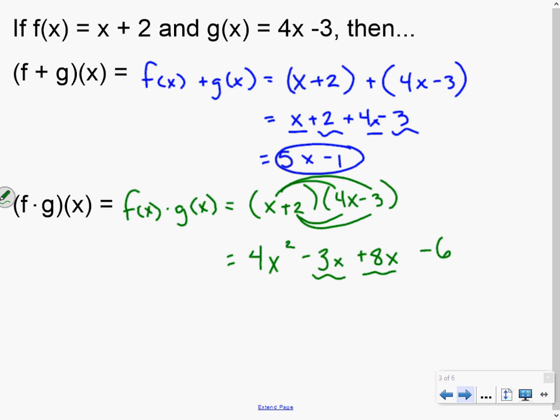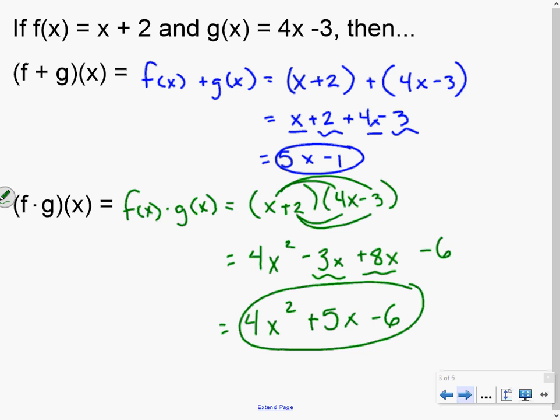My middle terms combine, so we get 4x squared plus 5x minus 6. So that is the product of f of x and g of x. It's just a new polynomial. So operations with polynomials really isn't anything new. We've been doing this. We're just adding some new notation into the mix.